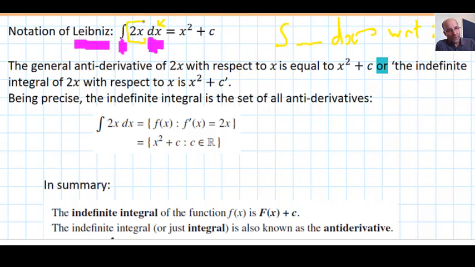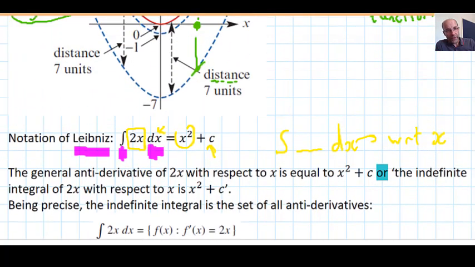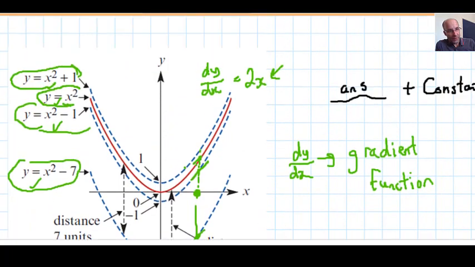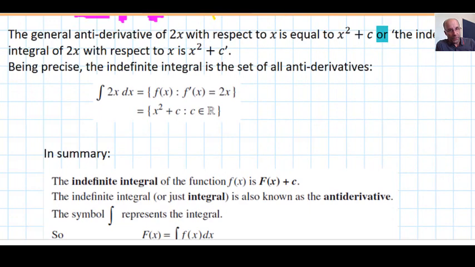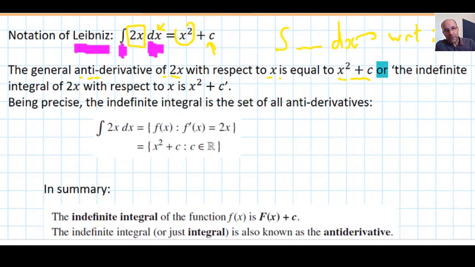But we just saw that when we did that with 2x, we'd get x squared plus some constant. We saw that just back here, didn't we? Okay, there's all the green ones there. And that's by no means all of them. So we can write the general antiderivative of 2x with respect to x is equal to x squared plus c.